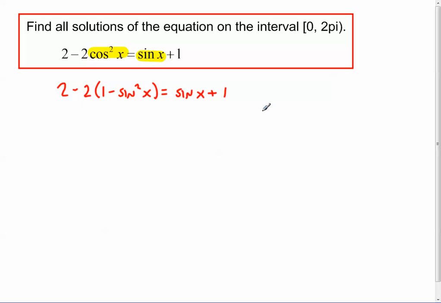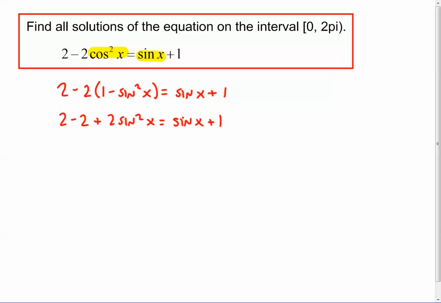Now I've got a lot of cleaning up to do. I'm going to have to bring everything over to one side, but before I do that, I'm going to have to do a little distribution, combining like terms, all that kind of stuff. So let's go ahead and do that. I'm going to get 2 minus 2 plus 2 sine squared. Now hopefully we can see right now as I finish this out that those 2's are going to cancel at the front.